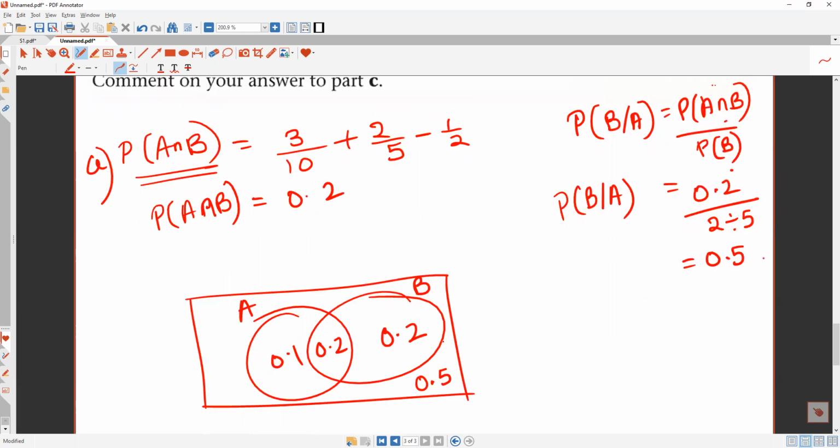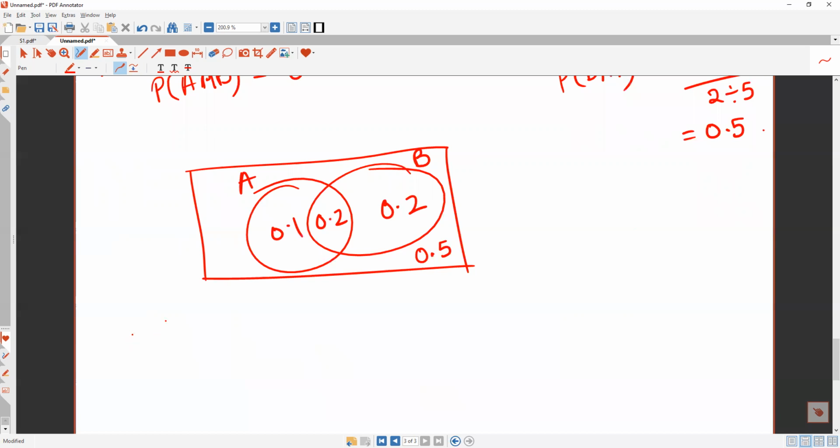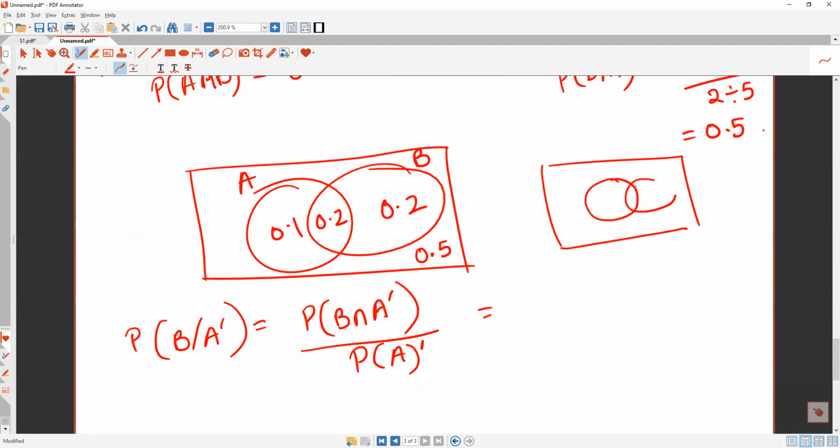With the help of this, we can find B given A complement as well. B given A complement. So the probability of B intersection A complement divided by the probability of A complement. Okay? Now, for this, I think the shading is necessary. First of all, let's talk about this intersection thing. একটা হচ্ছে A, একটা হচ্ছে B. They're saying B intersection A complement.